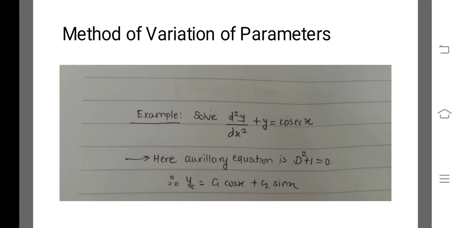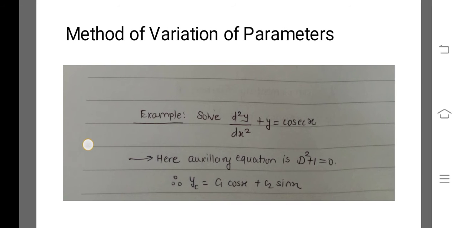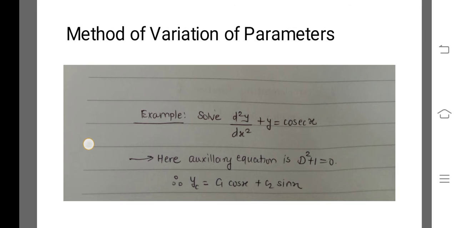We will discuss one example. We want to solve d2y by dx square plus y equal to cosec x using the method of variation of parameters. For this differential equation, our auxiliary equation is D square plus 1 equal to 0.